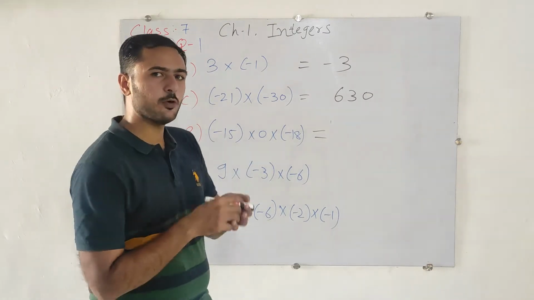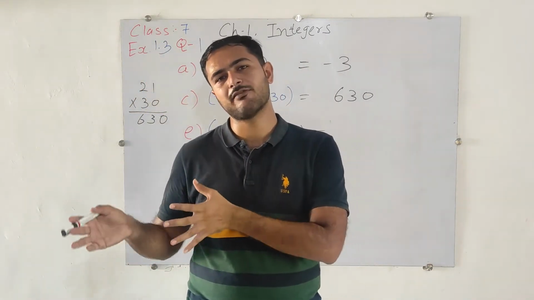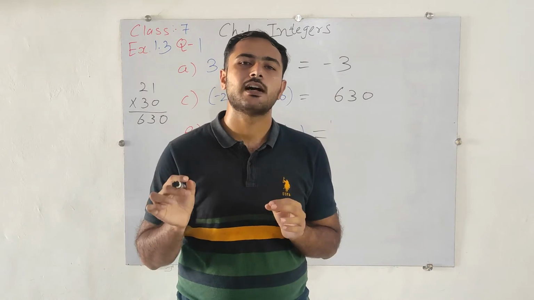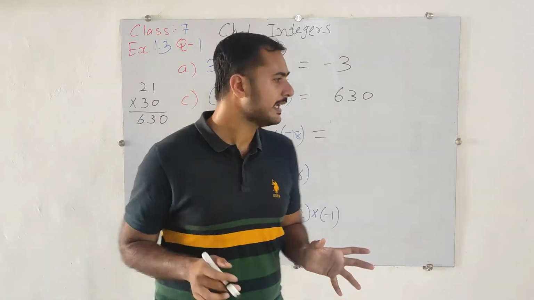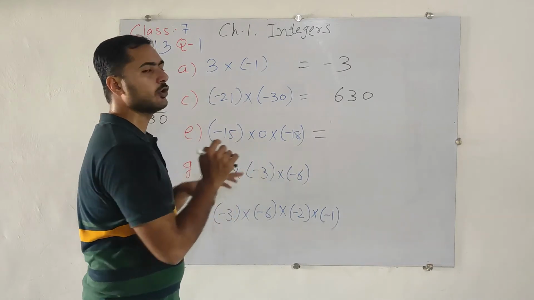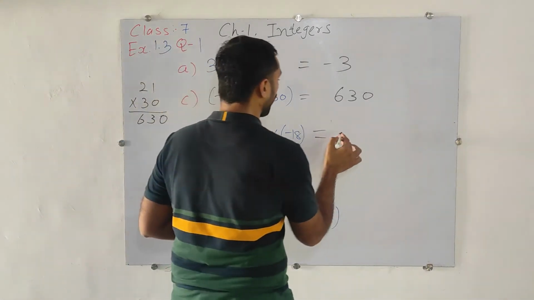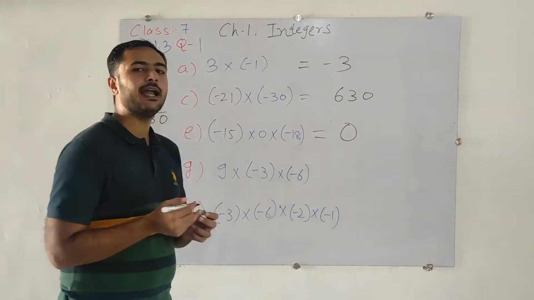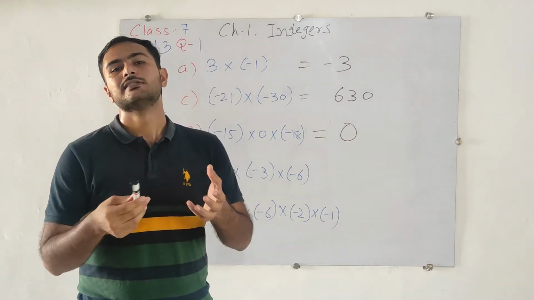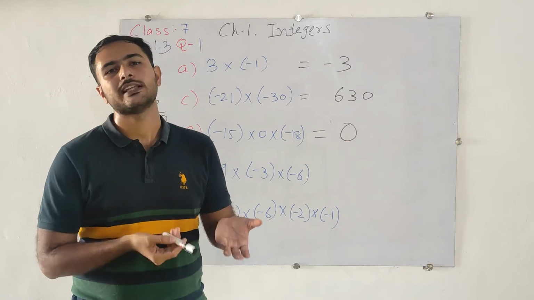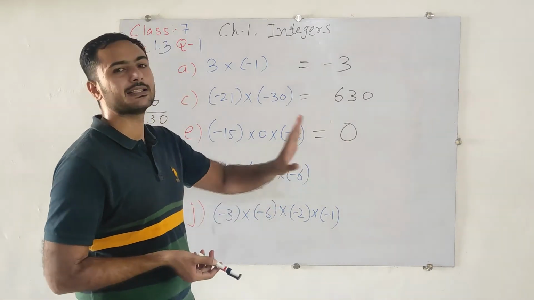If I do 0 multiplied by 5 multiplied by 7 multiplied by 1 lakh multiplied by 2 lakh, that is again 0, because I am multiplying all the numbers with 0 only. Here I am multiplying the two numbers with 0 only. It means the answer is 0. No need to do any calculation. And for 0, we don't need to identify the signs also, because 0 is not negative, not positive. So that's as it is.